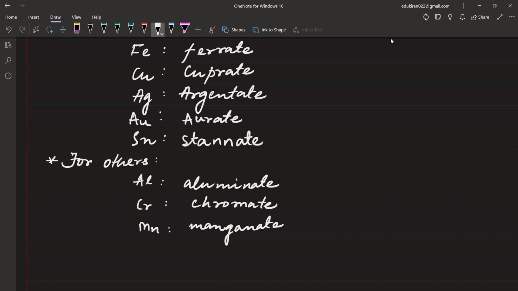Stannate. And here it is Al, it is not N again, it is Al. Aluminate, chromate, manganate. If you have cobalt, it will be simply cobaltate.